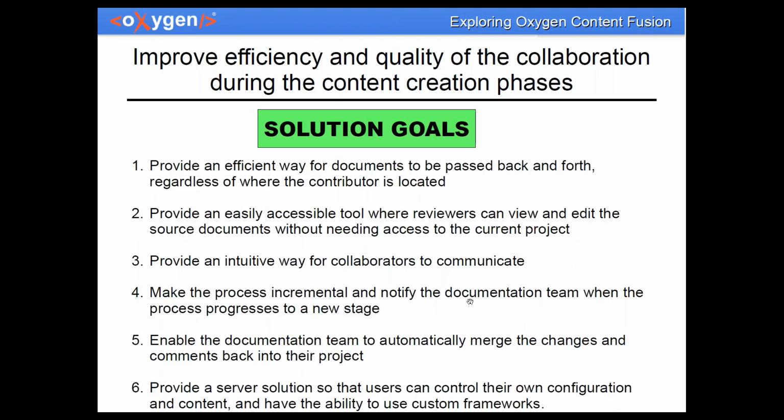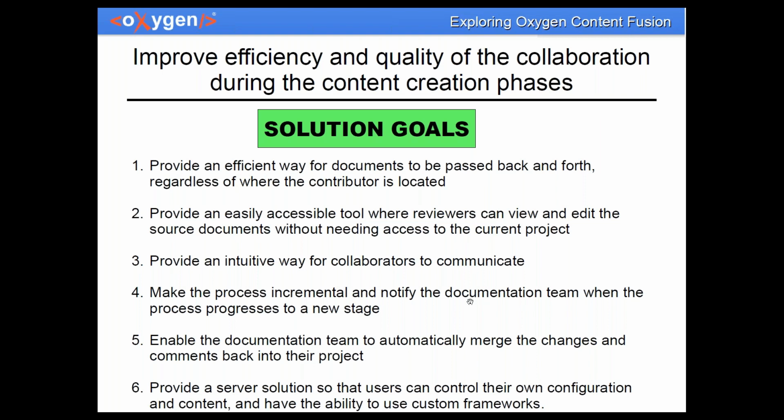So these were our solution goals that we wanted to accomplish so that this new product could be viable and a valuable tool. First, we needed it to provide an efficient way for documents to be passed back and forth regardless of where the contributor is located. Second, we needed to provide an easily accessible tool where reviewers can view and edit the source documents without needing access to the project.